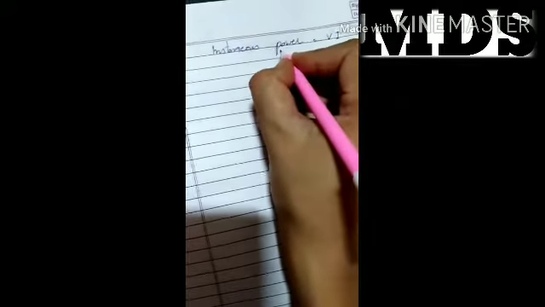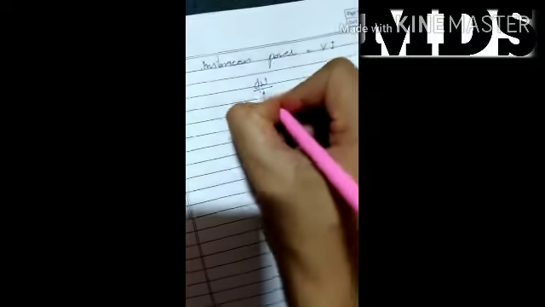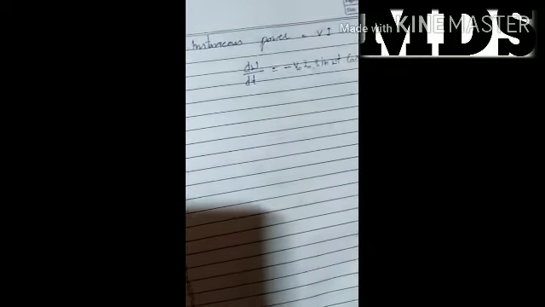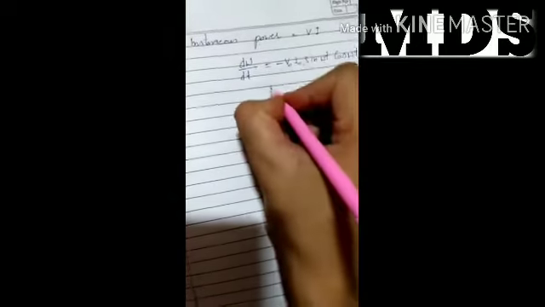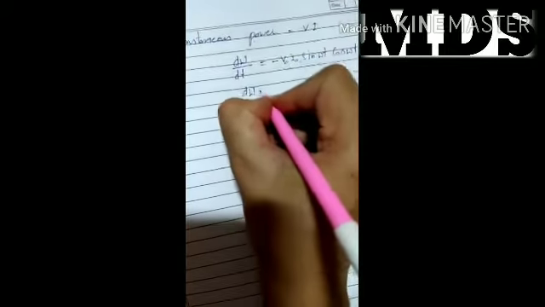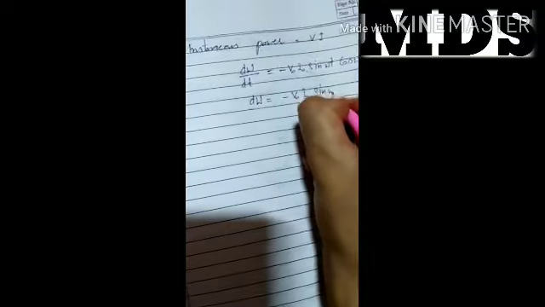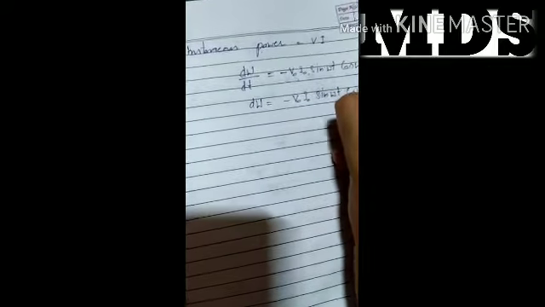Now put the values of V and I from those relations. The change in work done in a small time is the power, so dW equals minus V naught I naught sin omega t cos omega t dt. Clear now? From here we take dt to this side.